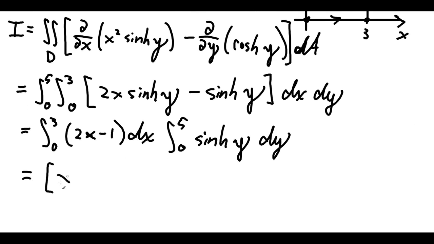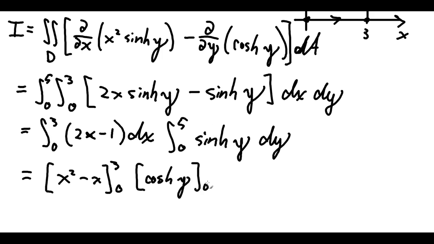So we get x squared minus x from 0 to 3 times the antiderivative of sinh, which is cosh. So we have cosh y from 0 to 5.